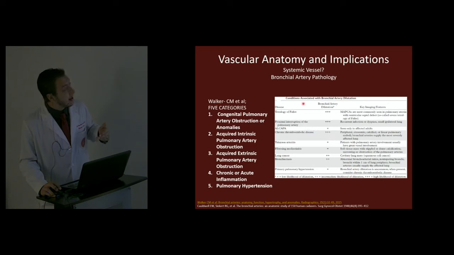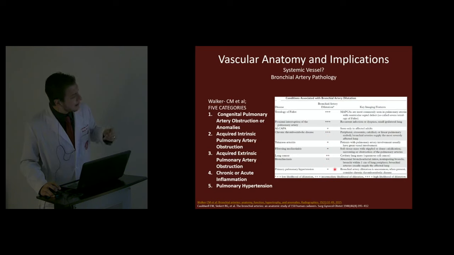He even described the most common pathologies and the degree of dilatation that they might cause in the bronchial arteries. As we can see here, tetralogy of Fallot and proximal interruption of the pulmonary artery are the causes that dilate or hypertrophy the bronchial artery the most.